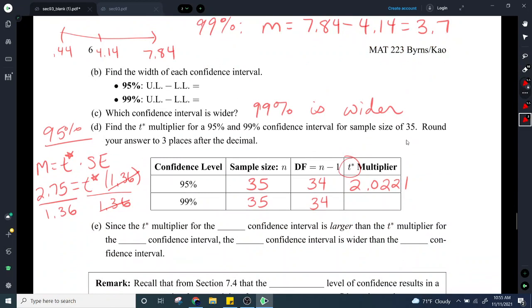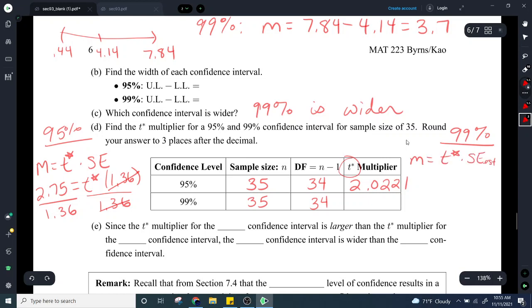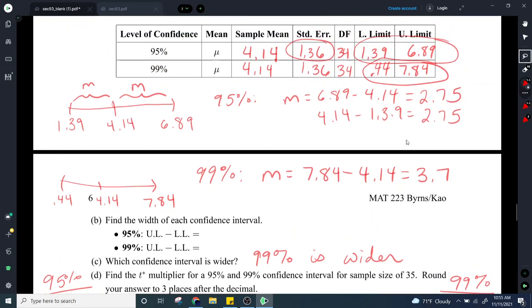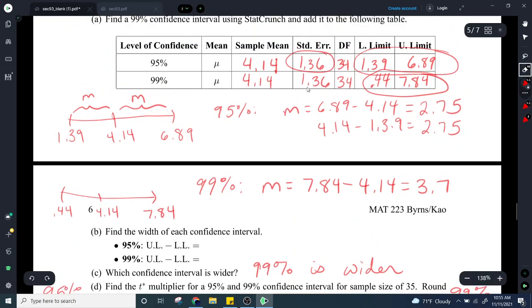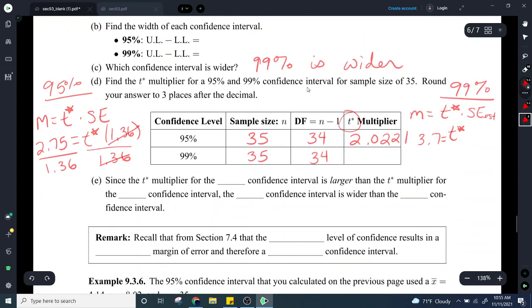For the 99% interval, remember, your margin of error is t star times your standard error. My margin of error I just computed was 3.7, my t star is what I'm looking for, and my standard error is the same number, 1.36.